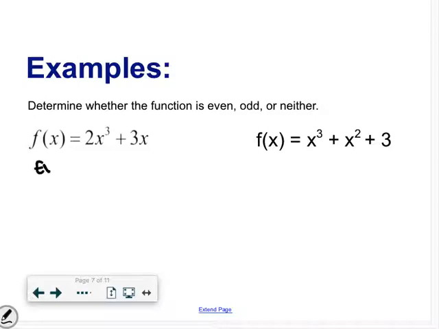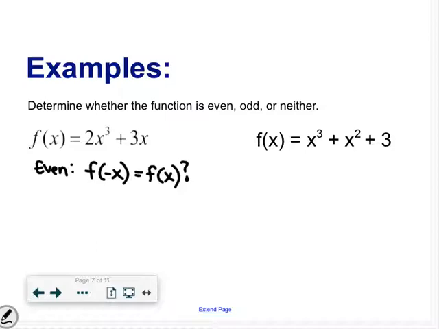So I always start with a check for even, which I know my check for even is the question, if I put in a negative x, will I still get out the same y? So that's my question. Does f of negative x equal f of x?